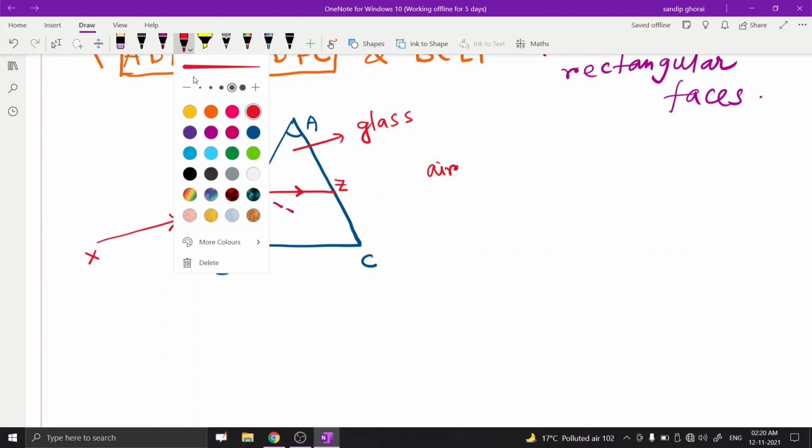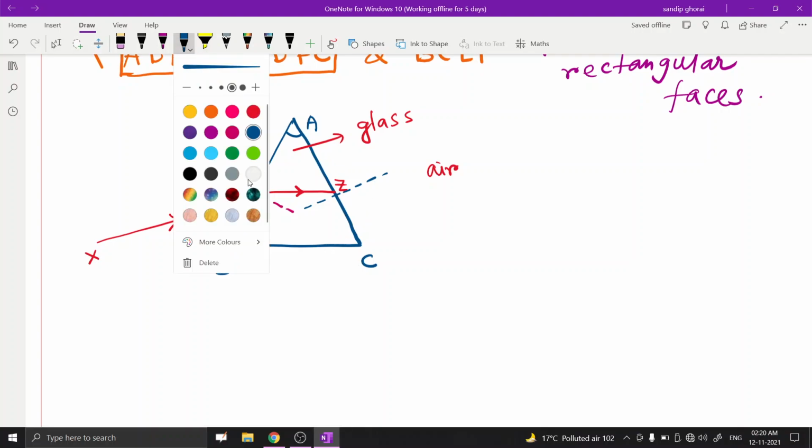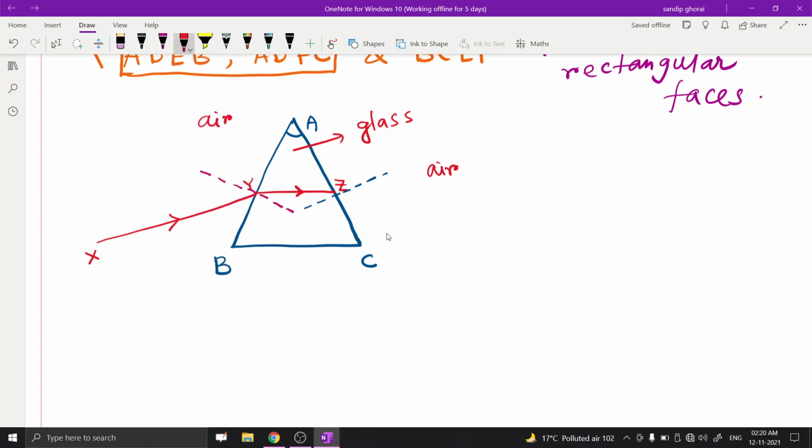So in this case we draw a perpendicular on AC, and this is the normal for the AC surface, and light travels away from the normal, that means YZ travels in this direction, that is ZR.